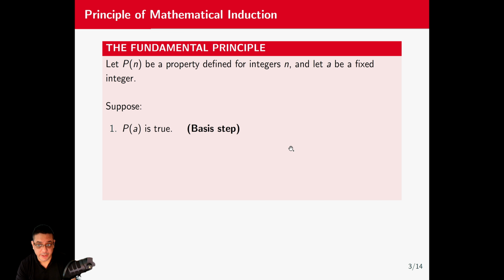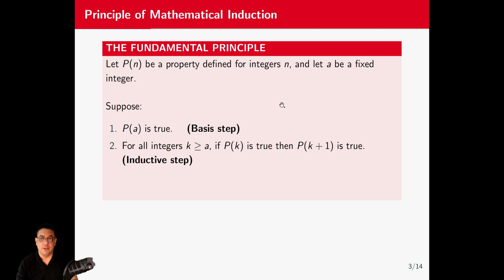Notice that it doesn't have to be 1, it doesn't have to be 0, it can be any particular number, but we have to pick it and choose it, and we have to show that for the first basic step, the property is true for that number. Then after that, we're going to assume for any integer k bigger than that initial number, if the property is true for k, then it has to be true for k plus 1. That's our inductive step. So this is what we have to prove.